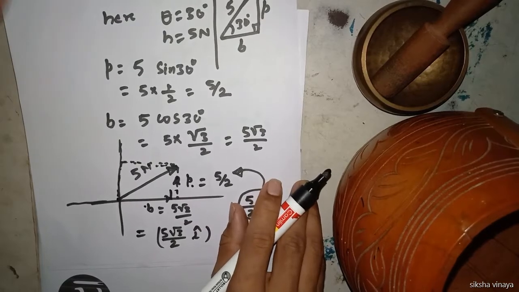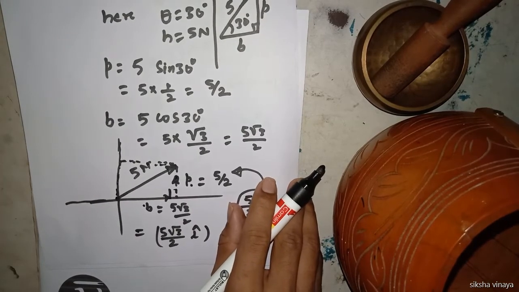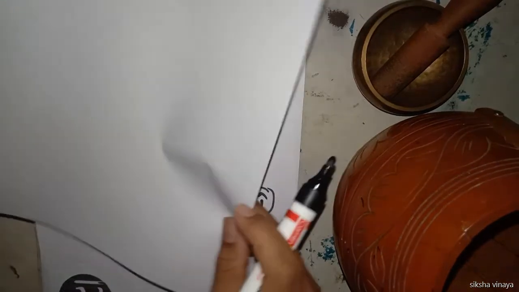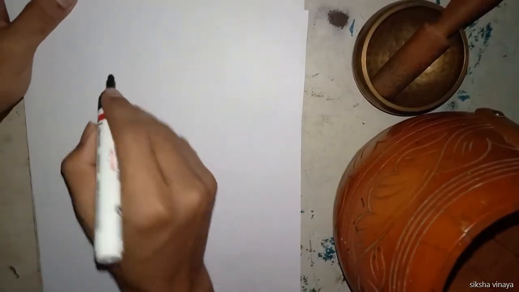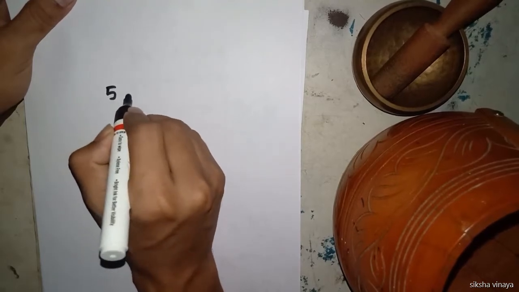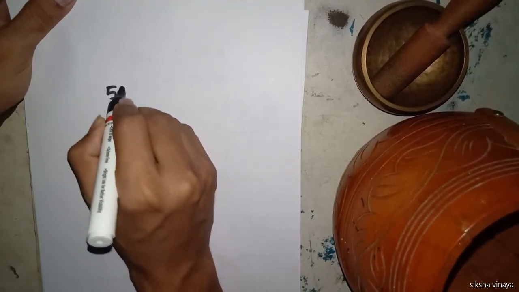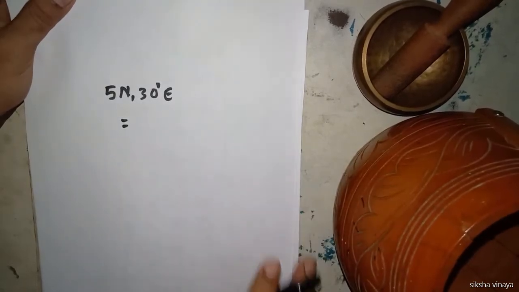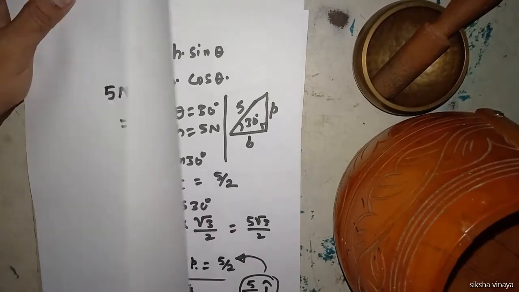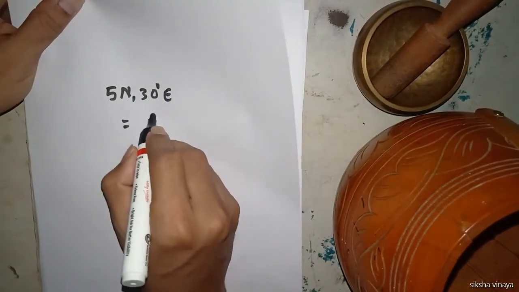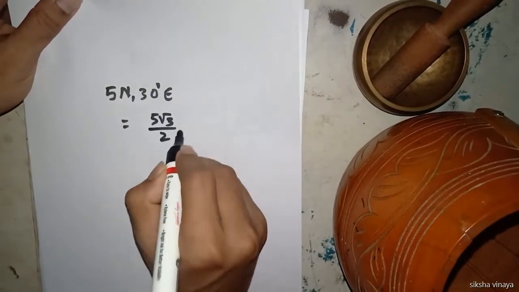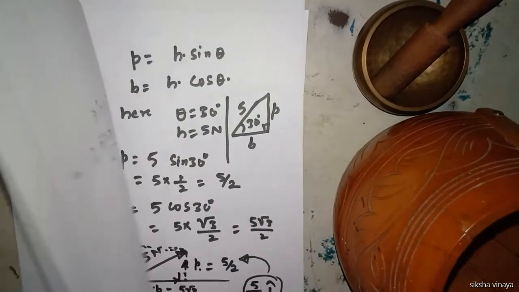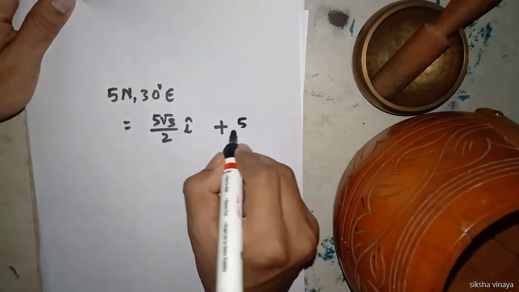Have you got my point? So 5 Newton can also be written as the combined effect of the P vector and the B vector. Are you getting my point? So 5 Newton at 30 degrees east can be written as 5 root 3 by 2 i cap, combined effect means plus, 5 by 2 j cap.